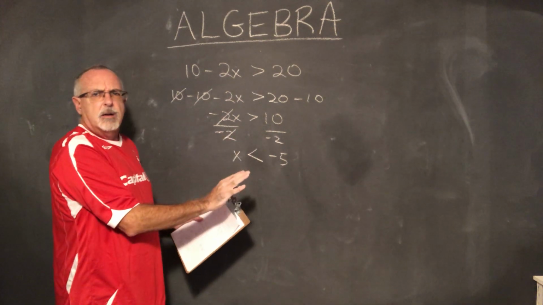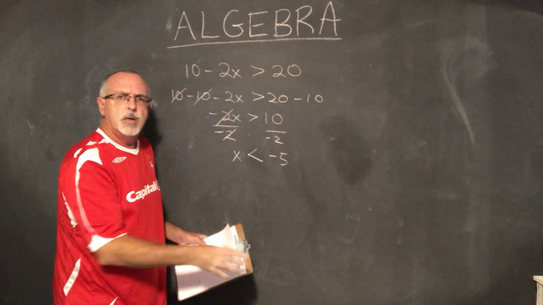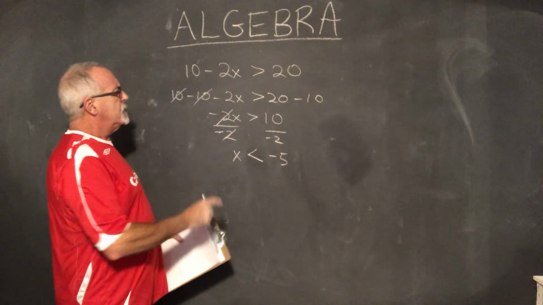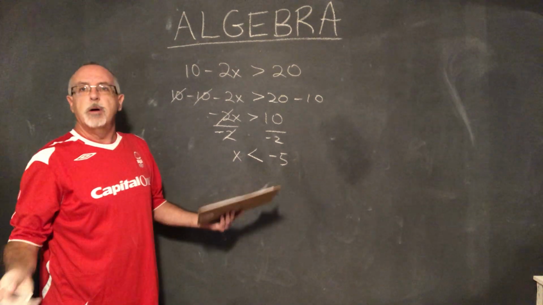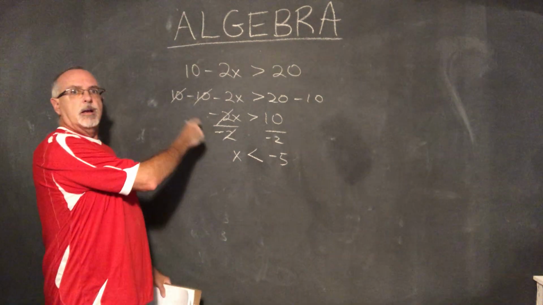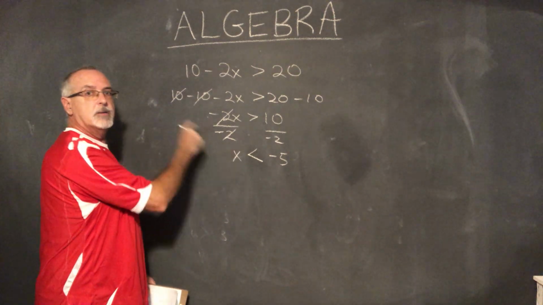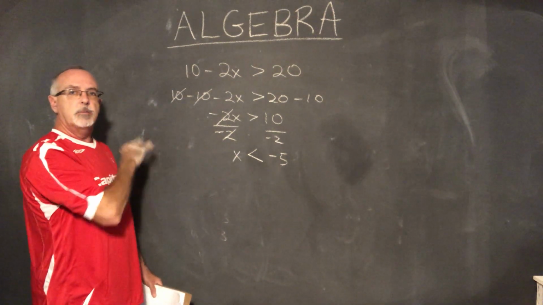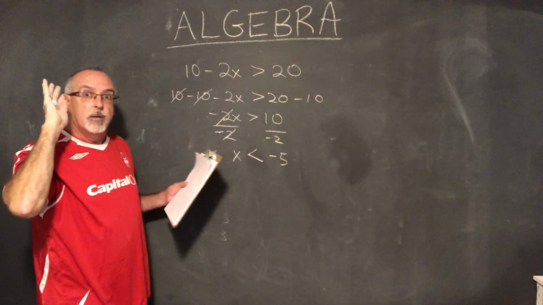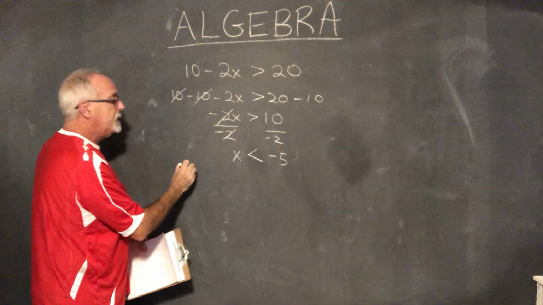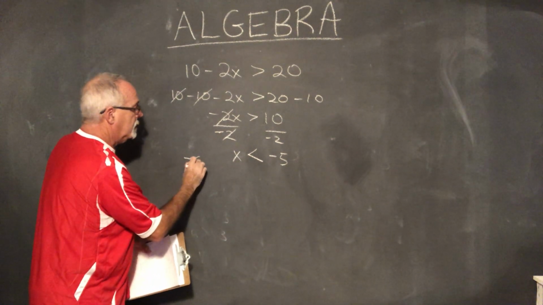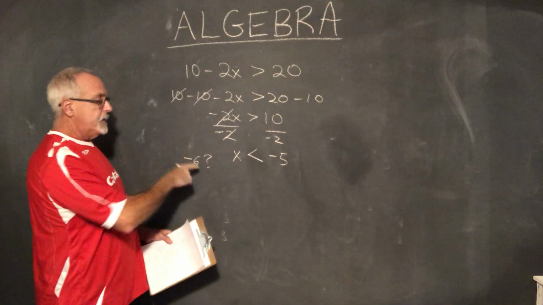Let's see if this rule seems to work by trying to plug something in. So, x less than negative 5 is my answer. That means negative 6, negative 7, negative 8, all of those numbers should work. Those are the numbers on our number line, if we picture it, that are less than negative 5. So how about negative 6? This should verify.